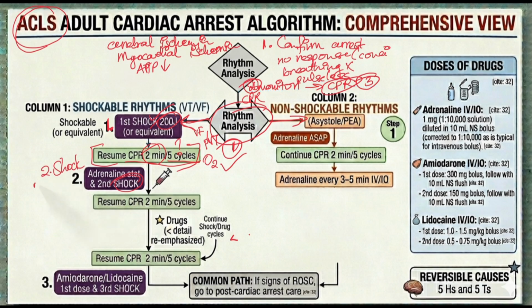And then we introduce adrenaline, our drugs, on the second shock. We open an IV access, which should have been done before actually, because we have to administer medications that improve coronary perfusion and help suppress recurrent arrhythmias.